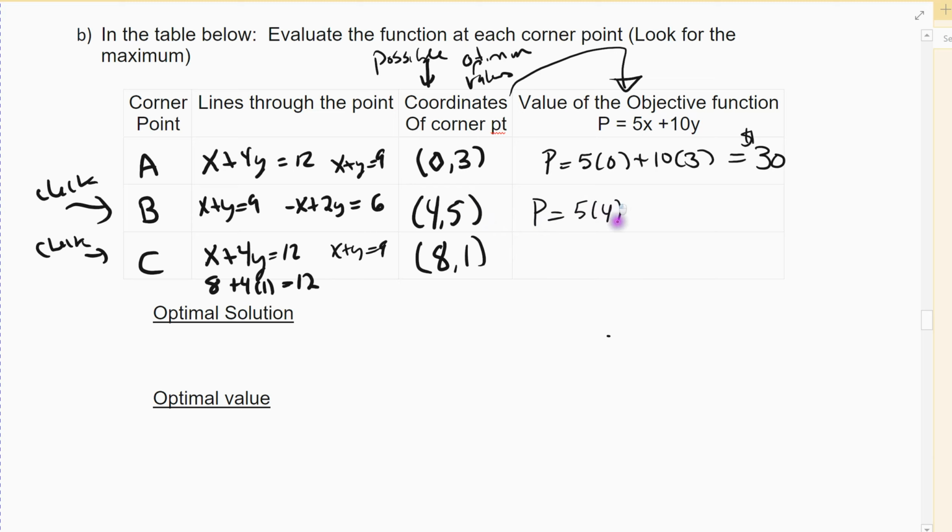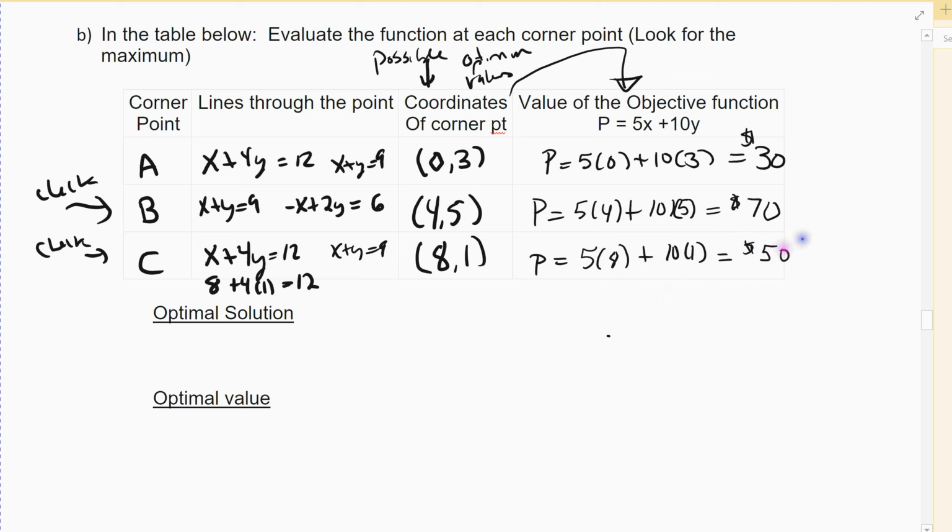Alright, so 5 times 4 plus 10 times 5. That gives me 20 and 50, which comes out to 70. And then the last one, 5 times 8, 10 times 1, 40 and 10.